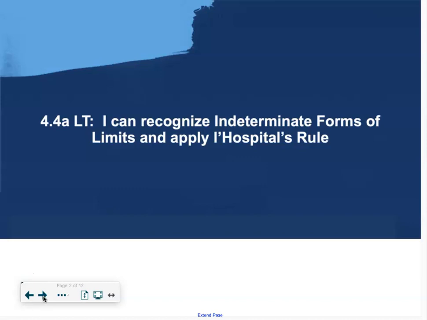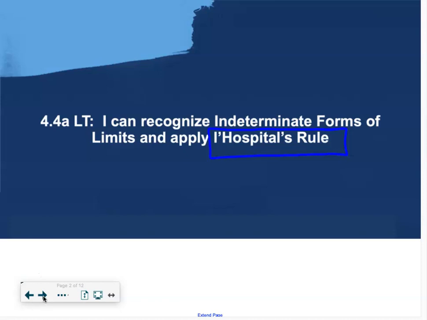So today we're doing 4.4a. 4.4a is the first day of this wonderful rule called L'Hopital's Rule. Now, there are like 40 different ways to spell L'Hopital. If you like to give your notes a title, I would just call it L'Hopital's Rule. L'Hopital can be spelled with an upper or lowercase L, and it can be spelled with or without an S in the name part.